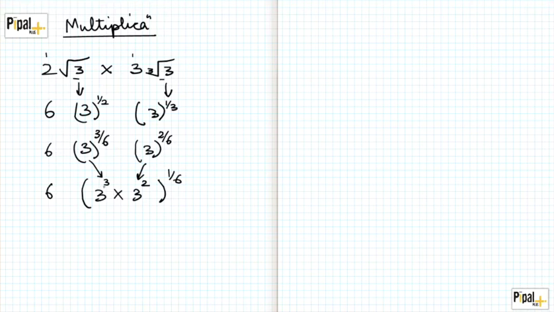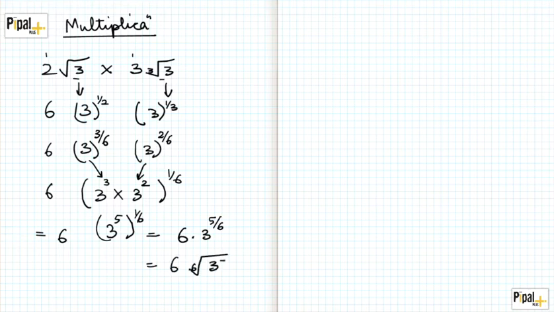And I'm left with 3 cube inside here and 3 square here, right? So I'm left with 6. This becomes 3 to the power 5 whole to the power 1 by 6. So we get 6 into 3 to the power 5 by 6, right? The other way of writing this could be the sixth root of 3 to the power 5, right?